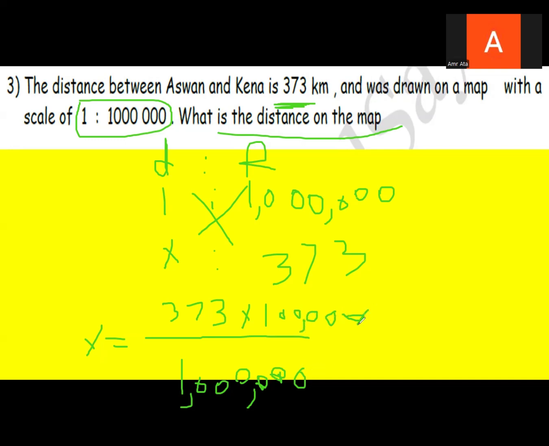I will cancel 5 zeros by 5 zeros. I have 373 over 10, so I make it by calculator, equal to 37.3 centimeters, because he wanted it on the map. He wanted the distance on the map.